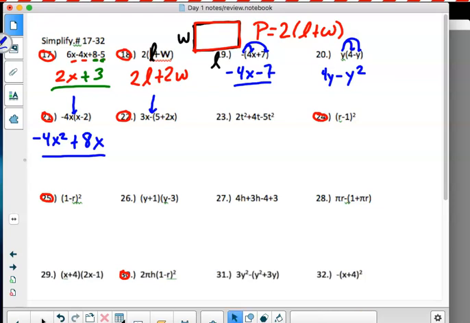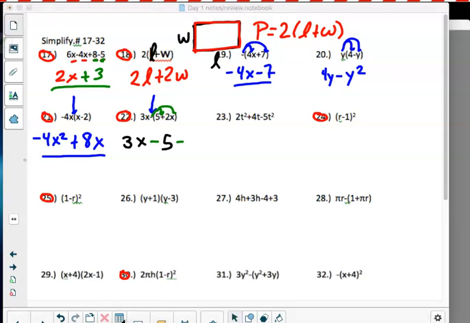Now, in 22, the difference is I would distribute my negative. So now I have 3x minus 5, and because this is a plus, it's minus 2x.